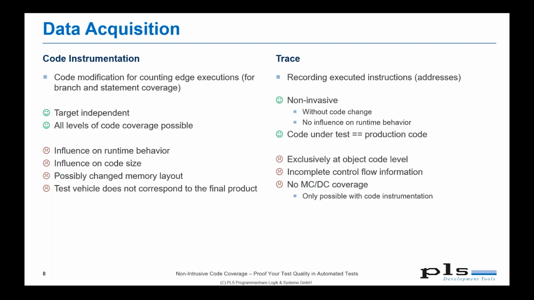But in my opinion, this is not a real disadvantage, because you get the coverage for your tests that are executed on the real code that is mostly optimized by the compiler and which is also the final product code.